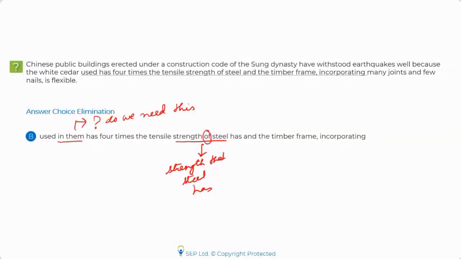The of is already telling you has. So this has is redundant. You don't need it. So that is the error in B. We don't need the in them. And even if the in them is allowed, the strength of steel has is incorrect. Clear? So B is out.